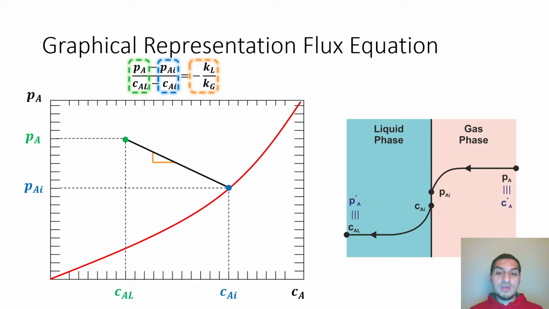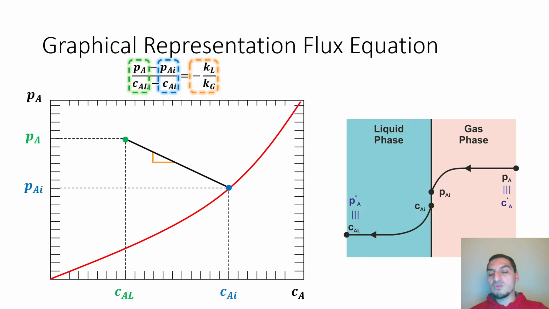For instance, here you can see clearly that this is the equilibrium relation, and this is the operating point, or the first point, which is the relation between the bulk of gas and bulk of liquid. So you can easily tell, just by looking at the point and the equilibrium curve, how far you are from equilibrium. It's not something you can tell by looking at the equations.